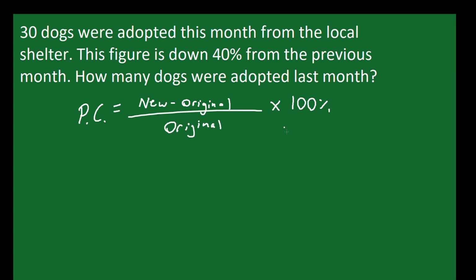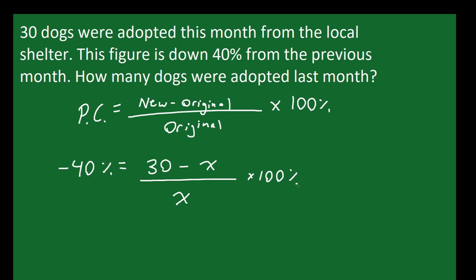And you can start plugging numbers in and try to solve for the original if you want to, right? So the percent change is 40% and it's down 40%, so we should actually plug in negative 40%. So negative 40% is equal to the new value, 30, minus the original. I'm just going to call the original x because that's what we're trying to find. And then we multiply by 100%.